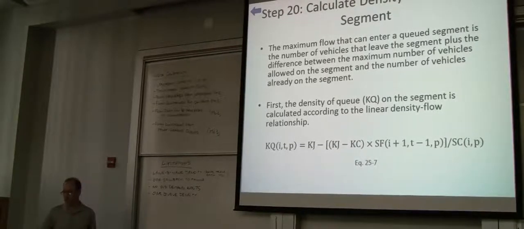So that equation 25-7, I'll put the limitation up there in a second, depends on the shape of the oversaturated curve. If we're ever making any changes, this equation is going to be more complicated.